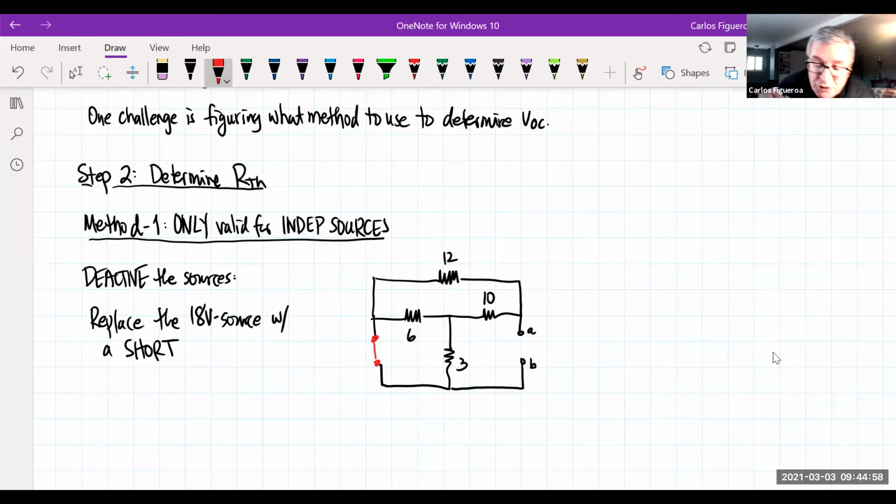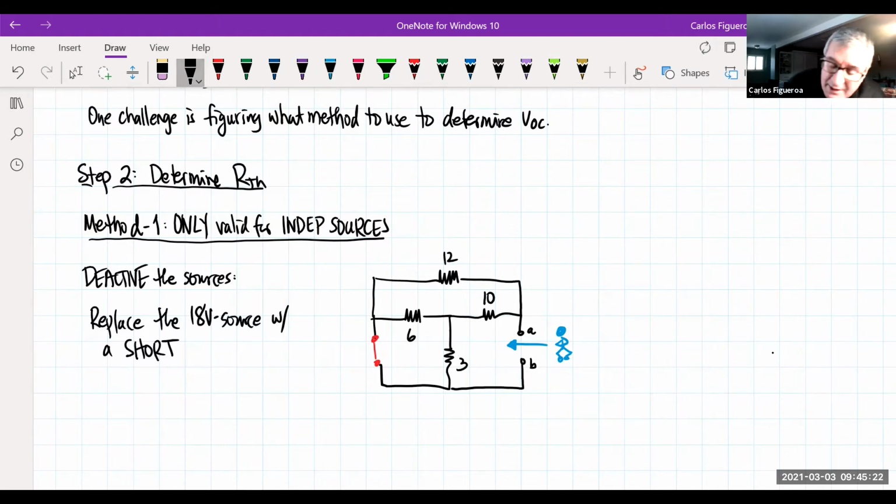What we're doing here is looking inside the open AB right here. You could imagine that you're a little observer looking into this circuit.